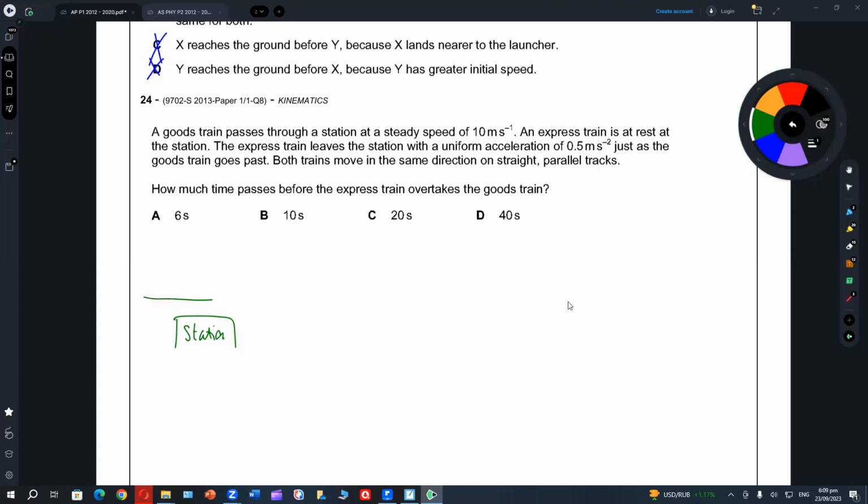A train is coming like this. An express train is at rest at the station. The express train leaves the station with a uniform acceleration of 0.5.